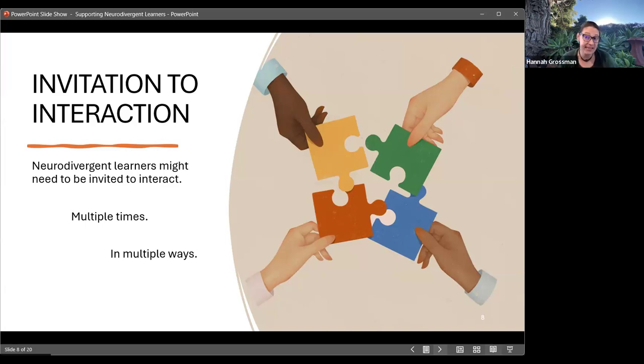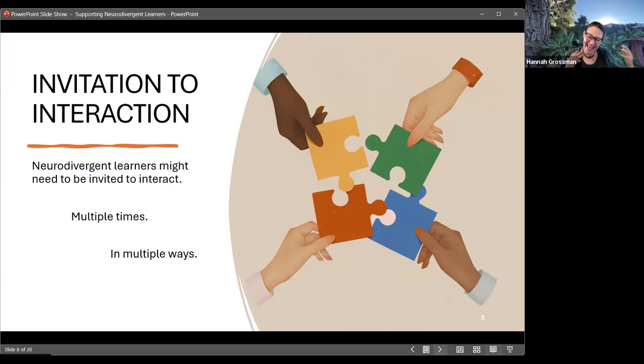Is it an easy ask that is very cost-free for the individual? Like give your name or name something you like? Or are they very heavy, weighty, costly invitations like, tell me about a time when you were not successful in learning? The cost of the invitation affects whether people will take you up on that invitation.